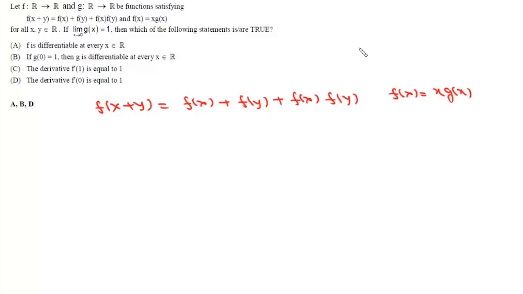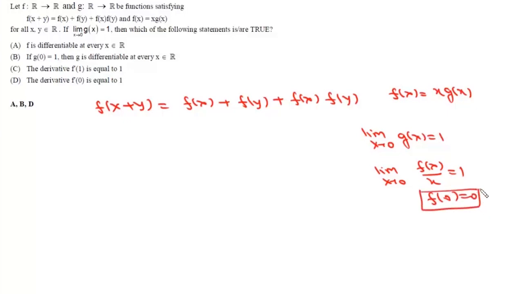And it says if limit x tends to 0 g(x) is 1, then which of the following statements is or are true? Now if we take this limit, this can be expressed as limit x tends to 0 f(x) upon x, and this is 1, and it will be 1 if it is indeterminate form. That means from here we can say value of f(0) must be equal to 0.